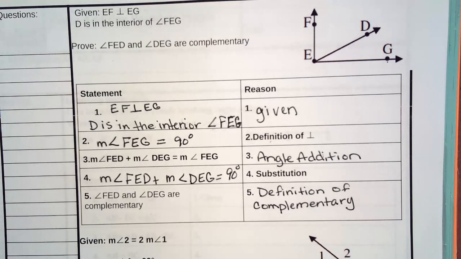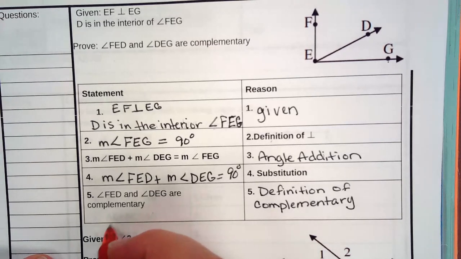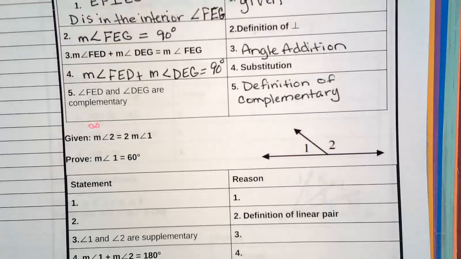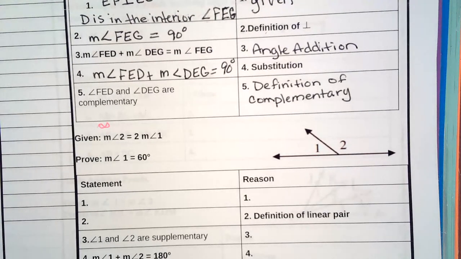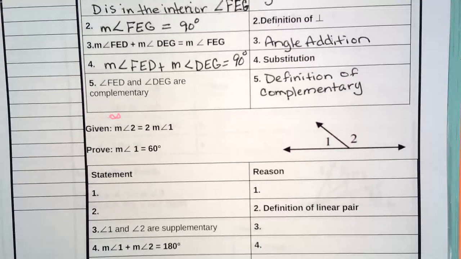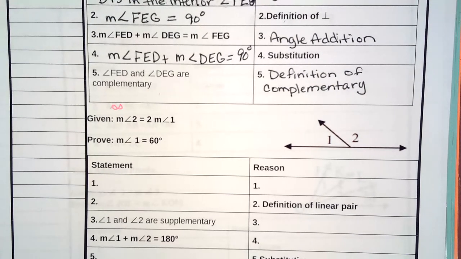Oh, I forgot on the first one, but I won't on this one. I'm going to put my little infinity sign to tell my reader I am done with that bad boy. Okay, so pause the video and write the first statement and the first reason and the last reason.